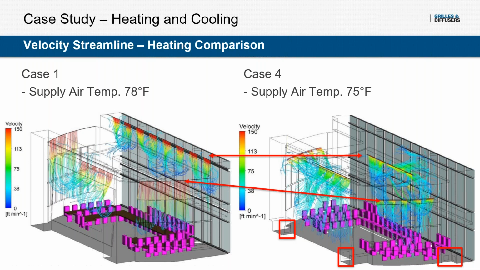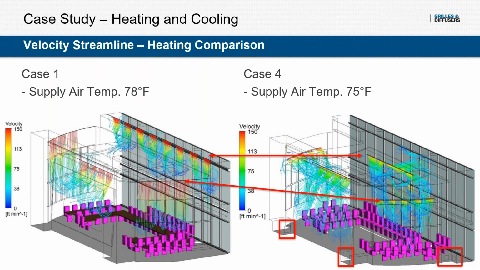So instead of being 78 degrees Fahrenheit, it's 75 degrees Fahrenheit. Keeping the heated air temperature closer to the room set point temperature makes it easier for the air to travel into the occupied zone. There's less of a buoyancy difference between the heated air and the room air.